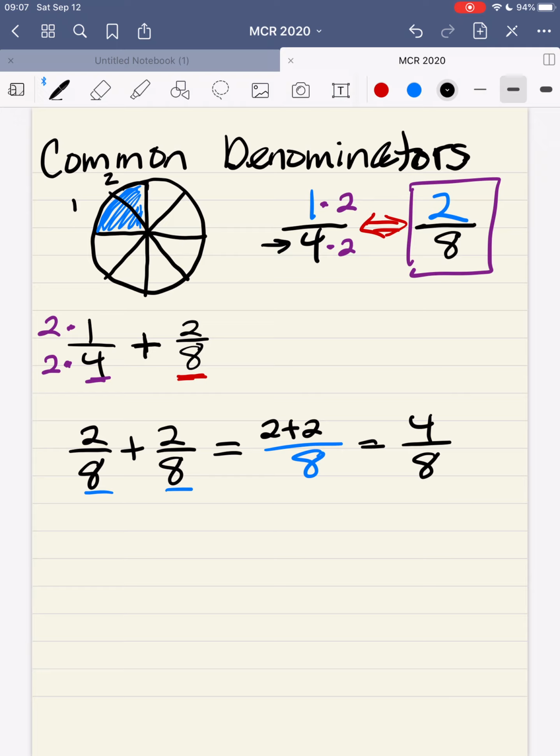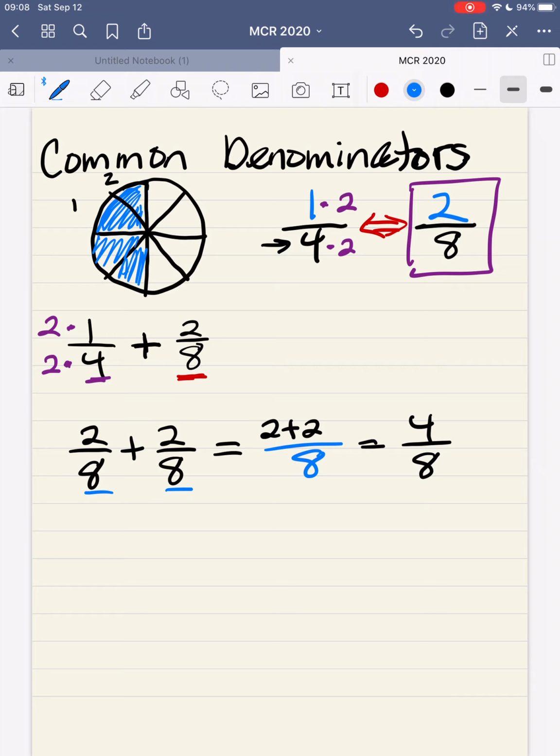Now we know we have to simplify this fraction. And I have 4 and I have 8, which means I ate 4 pieces of pizza total out of the 8. So if I were to go back in and color 4 pieces of pizza out of 8, I ate half a pizza.